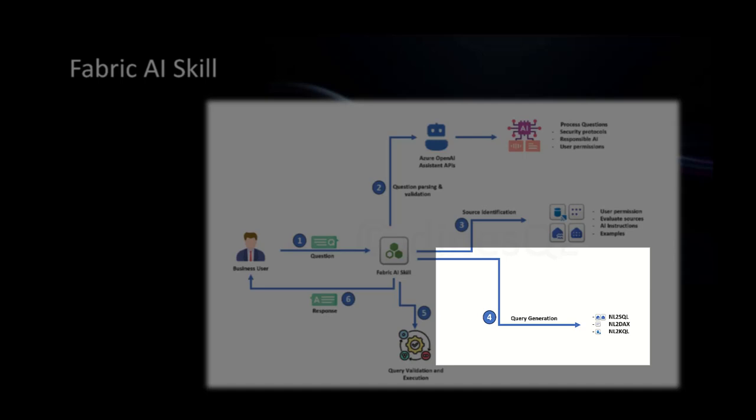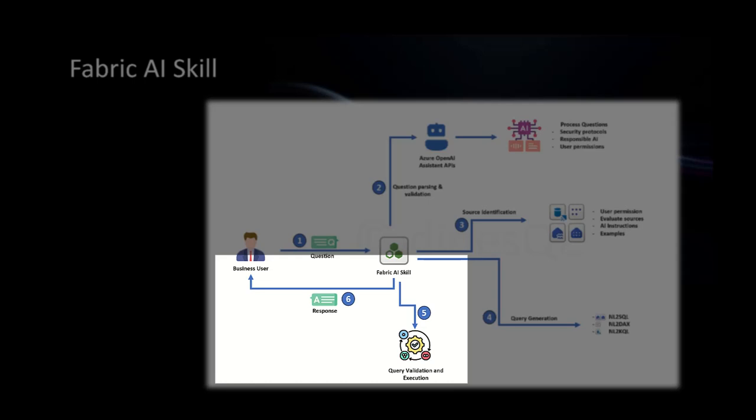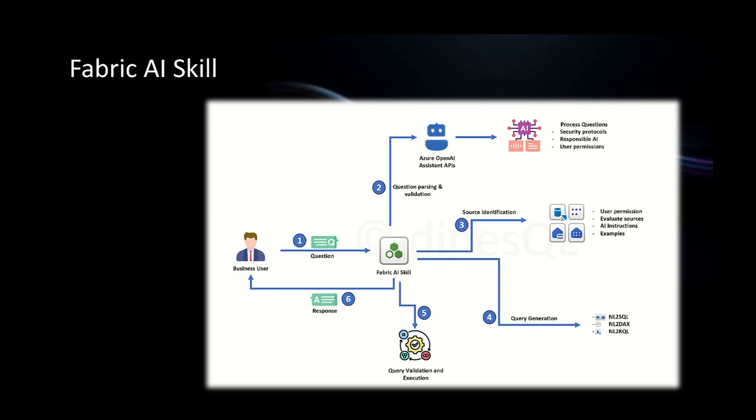So it will generate one or more queries, and then it will simply validate the query and execute. Once it is executed, the result will be formatted. It needs to make sure that it is human readable. So the result will be formatted with, let's say, tables, some summarized data, some highlights. That's how the result is going to be formatted, and that will be sent to the business user. So this is how Fabric AI skill works.